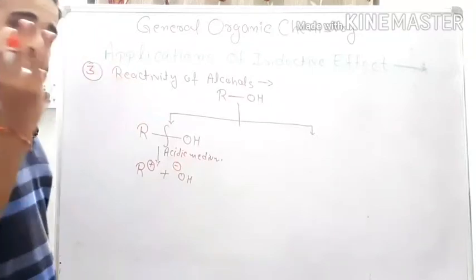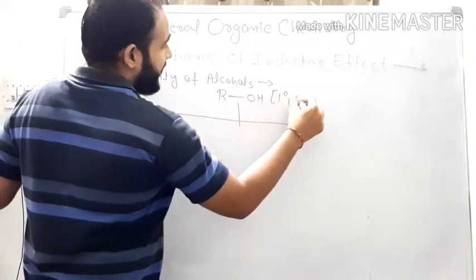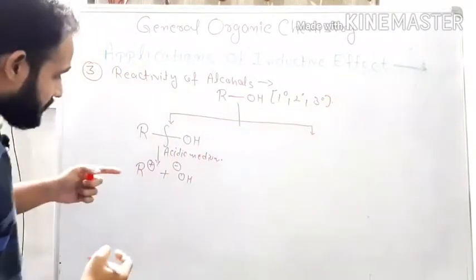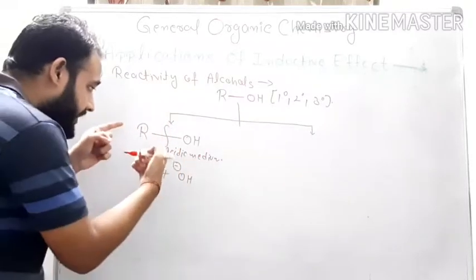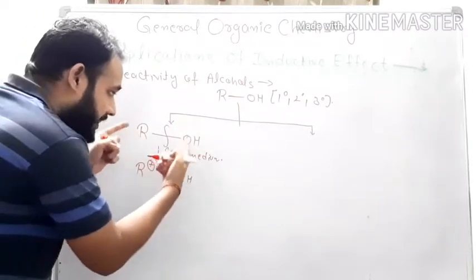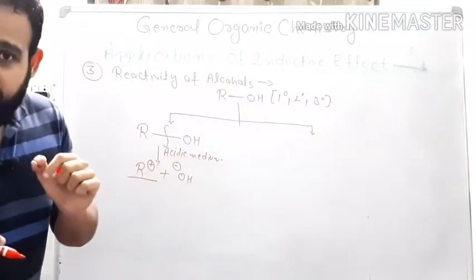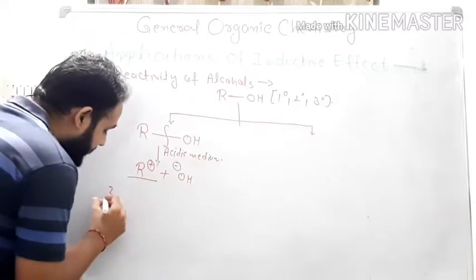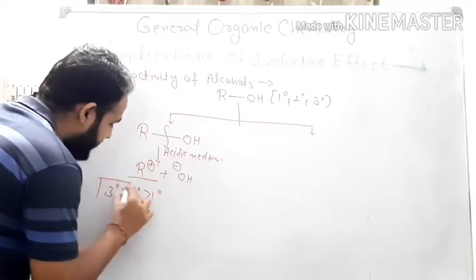See, we have three categories of alcohol, that is primary, secondary and tertiary alcohol. Now as you see in this reaction, the bond can cleave between carbon and oxygen. There is formation of a carbocation, that is alkyl cation, and you know the stability of alkyl cation: 3 degree is greater than 2 degree and it is greater than 1 degree.